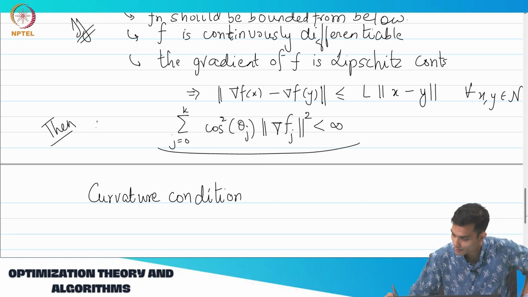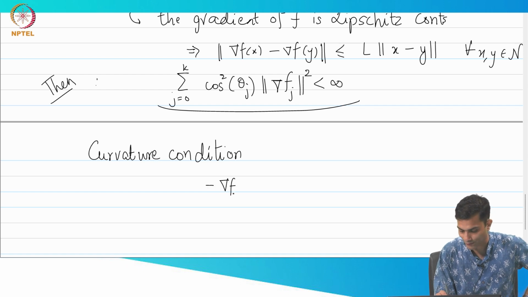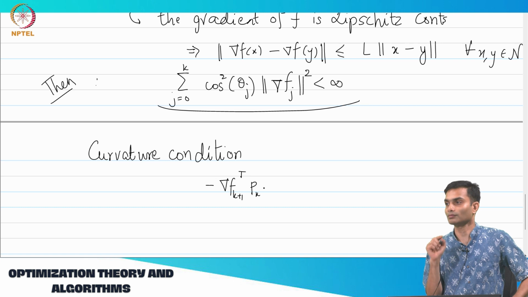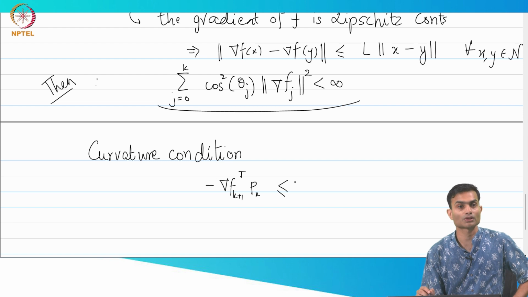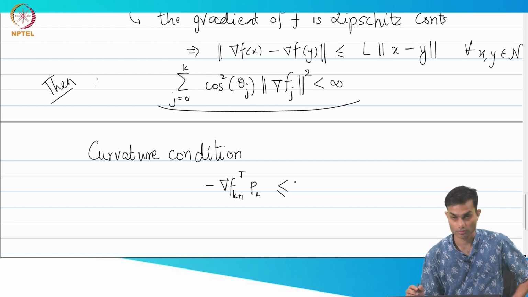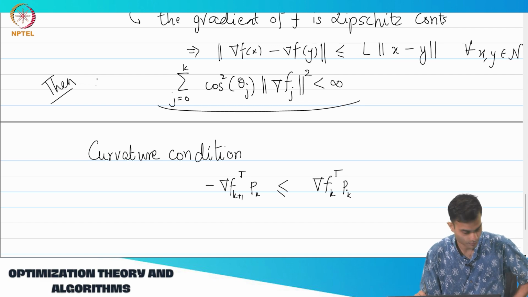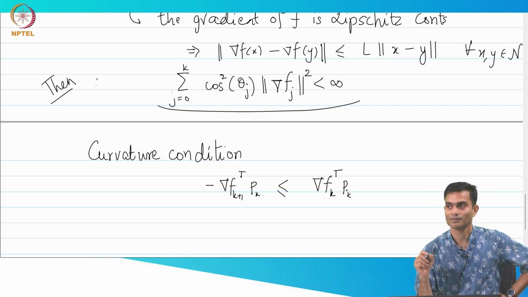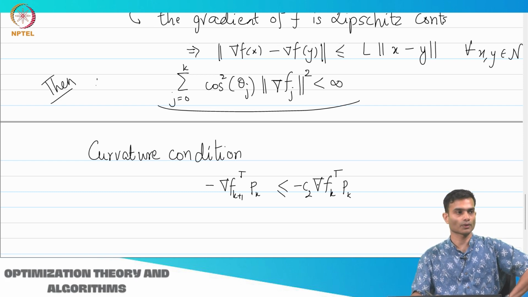The slope at alpha was minus grad f k plus 1 transpose p k. Why minus? Because otherwise the slope was a negative number, so I made it positive. I said this should be less than or equal to the slope at 0, and we relaxed it a little bit with C2. This is how we wrote it.